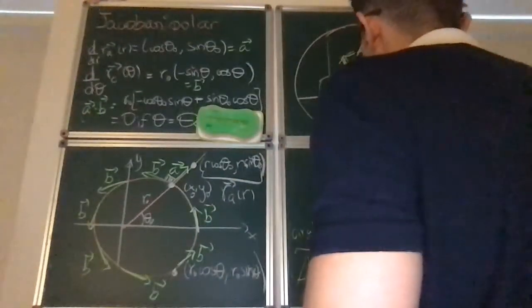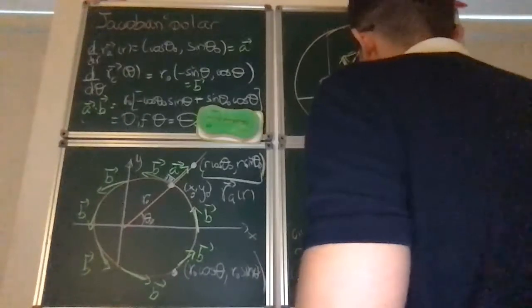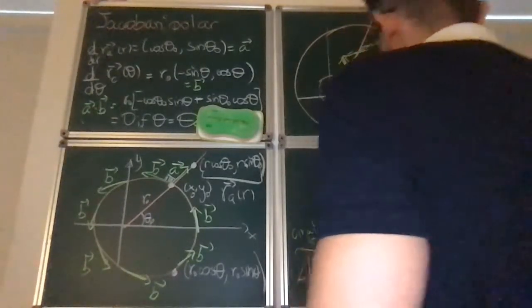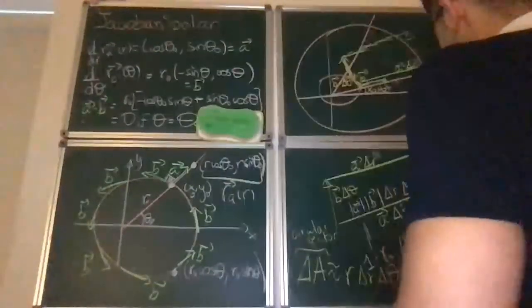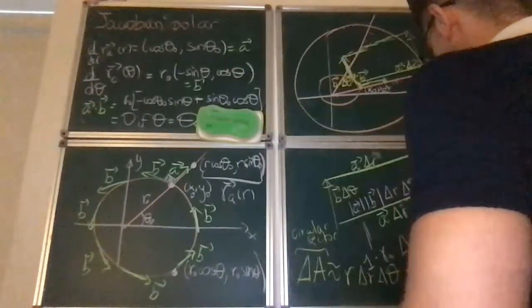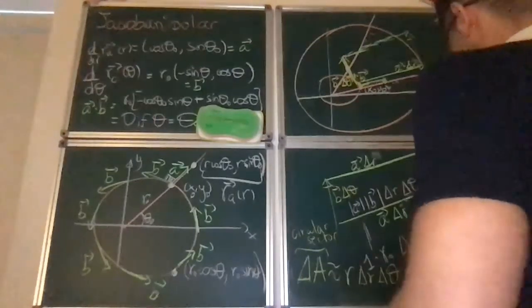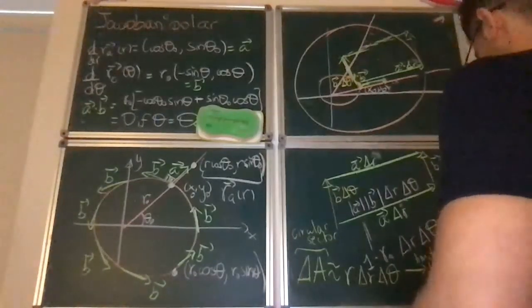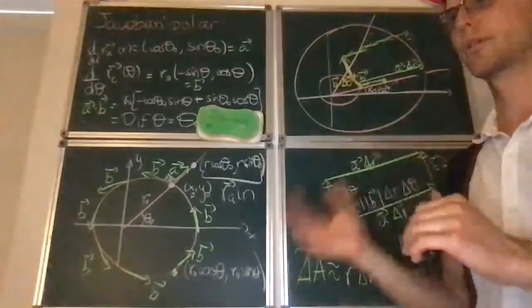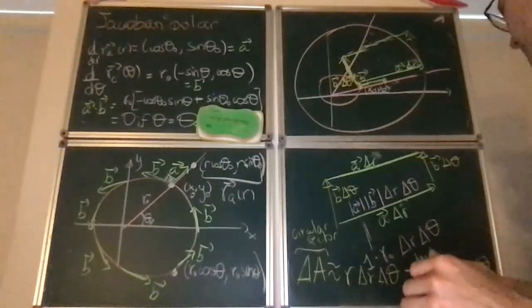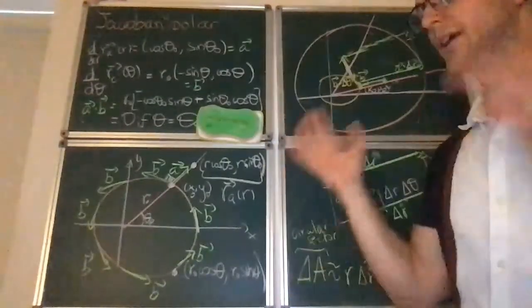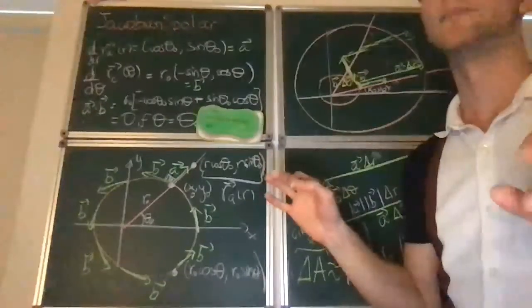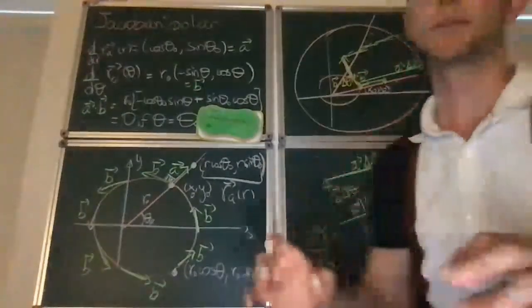So you get r times delta r times delta theta, and this is why in the limit, which is what you see when you write an integral, you get the formula for polar coordinates that dA equals r dr d theta. So that's the explanation for where the formula for dA in polar coordinates comes from. What we will do in the next video is talk about the general case and see how this is supposed to work.